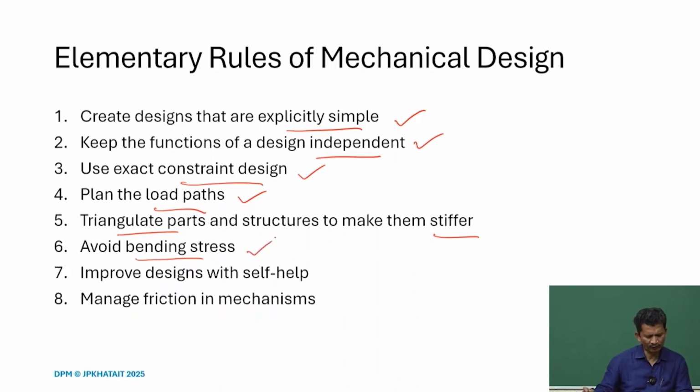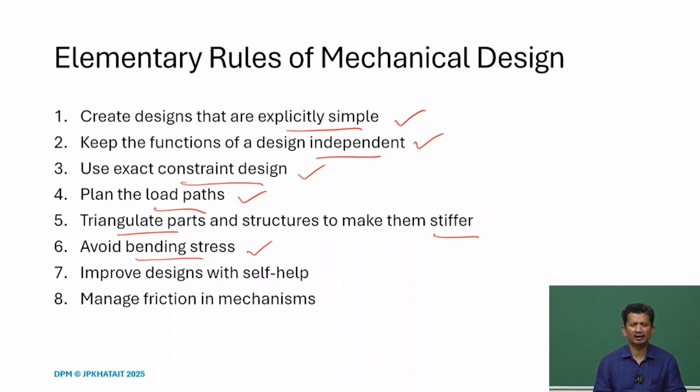So if we are looking for stiffness, then the idea is to avoid bending stress. We also realize that if we want to have a stiffer structure, most of the loading should be either in tension or compression.